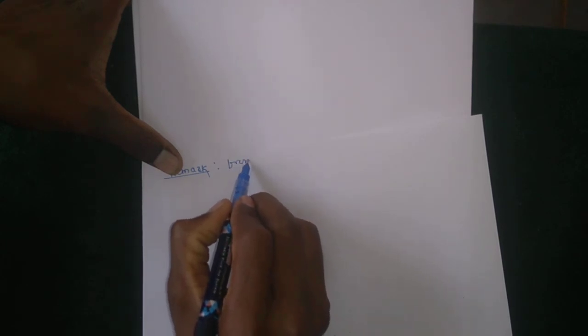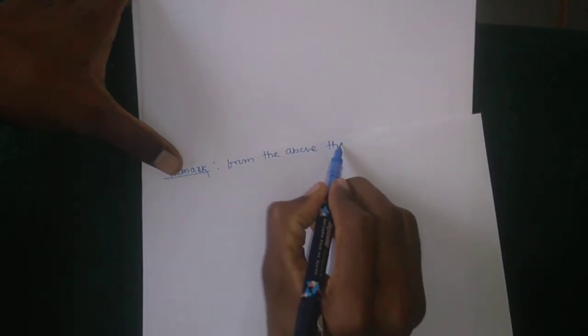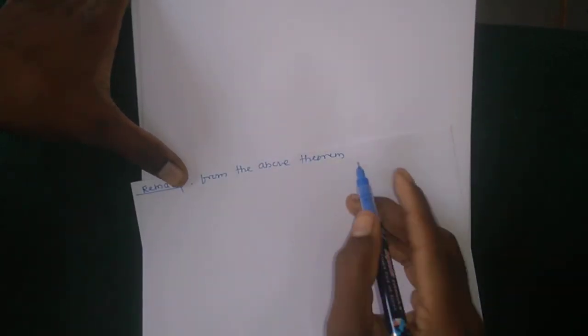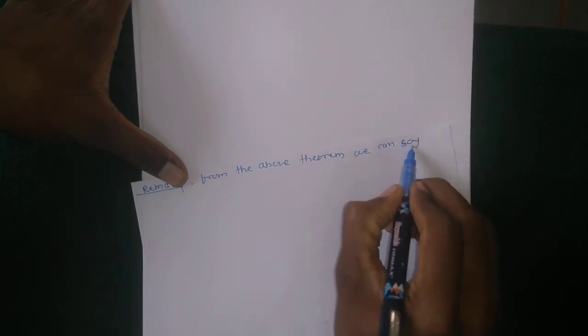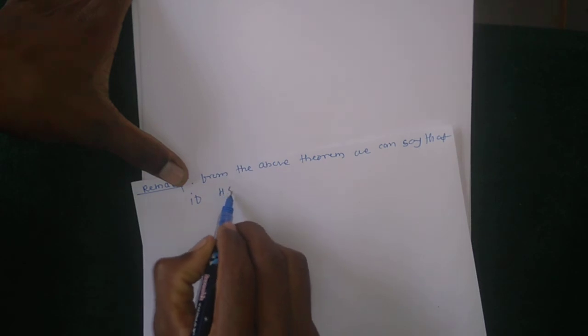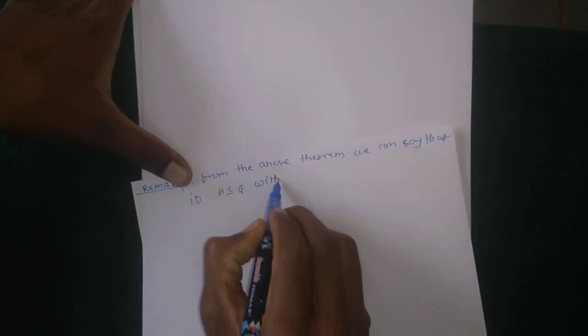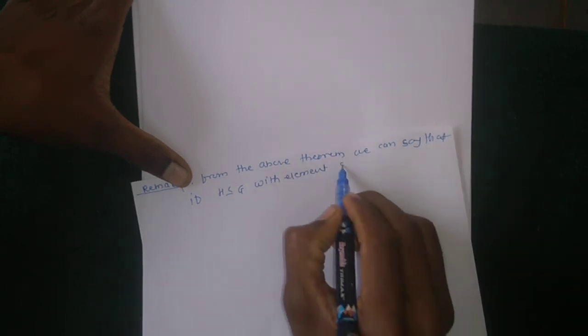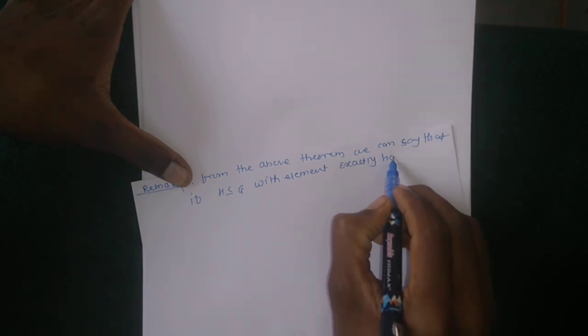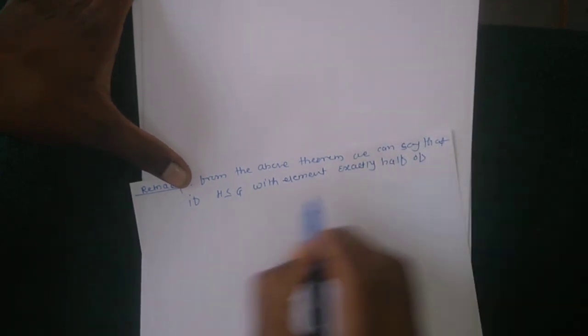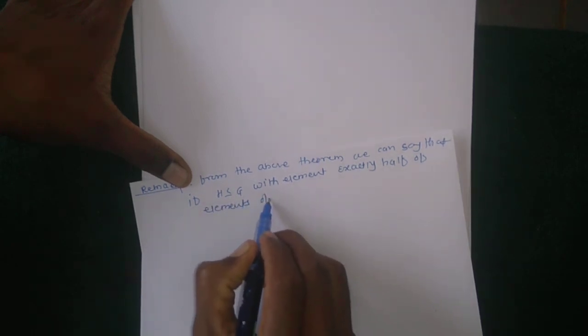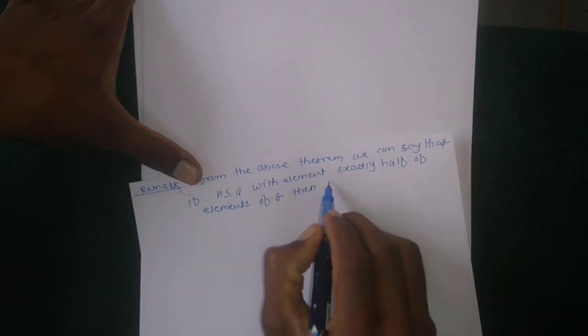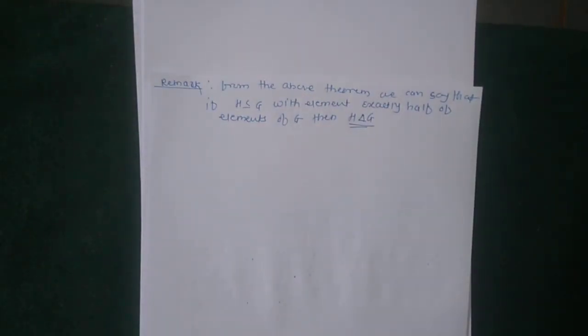From the above theorem we can say that if H is a subgroup of G with exactly half of the elements of G, then H is a normal subgroup of G. Meaning if H contains exactly half of the elements of G, only 50% of the elements of G, then H is a normal subgroup of G.